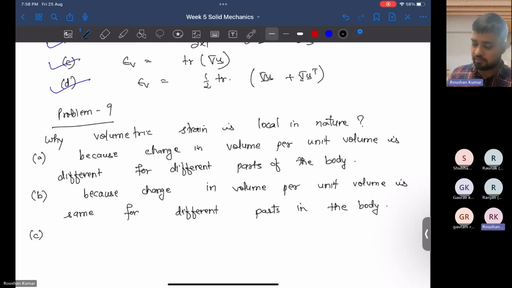The third option is local is just a name given to volumetric strain.